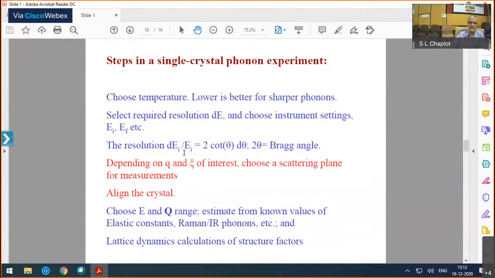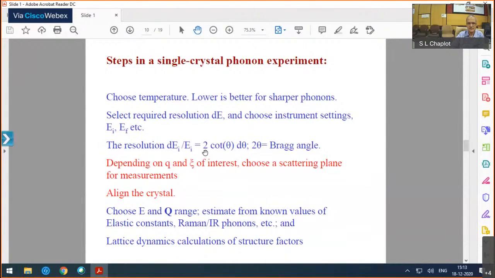And the energy, as we know, is proportional to 1 over lambda square. The corresponding energy resolution is 2 cot theta d theta, where theta is the Bragg angle. All right, so this is how it comes, and therefore we'll just work out what are the typical resolutions that are possible.